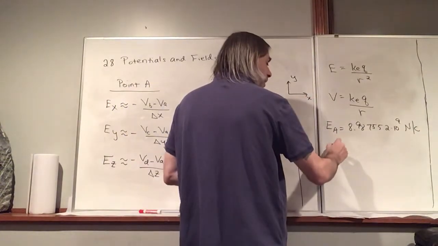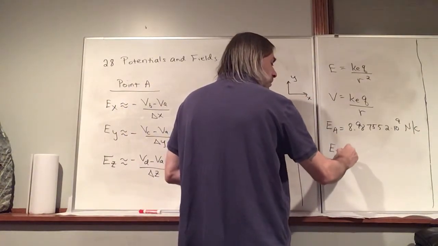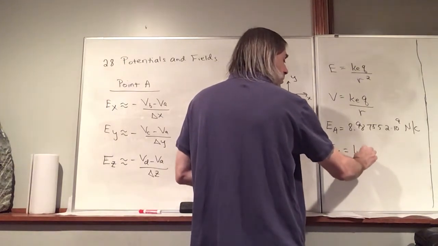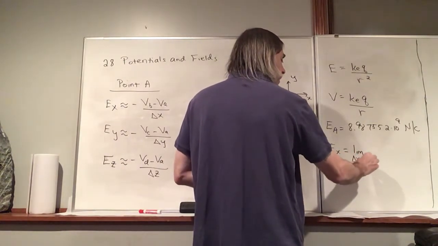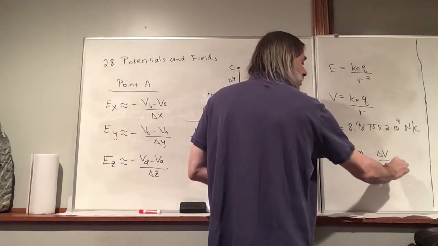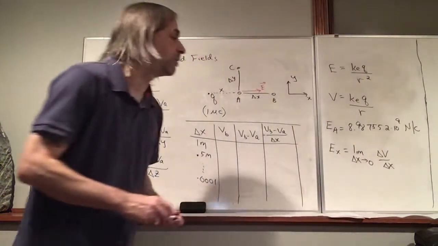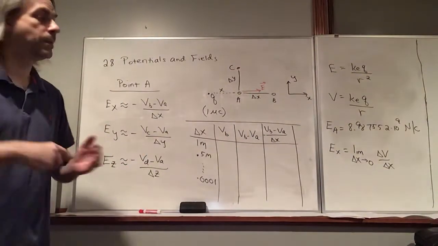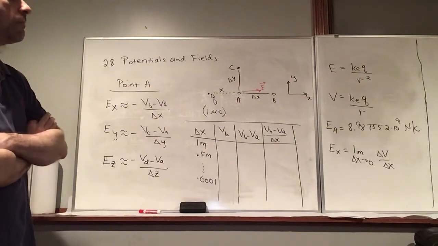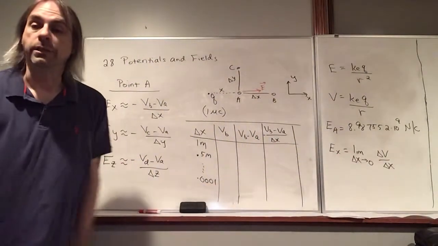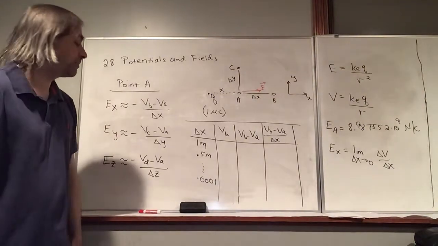We could say that E x is exactly equal to delta V over delta X, where we have to take the limit that delta X goes to 0. That requires calculus, using limits.